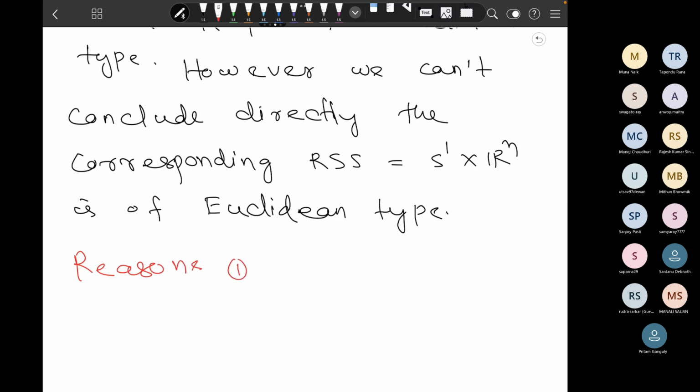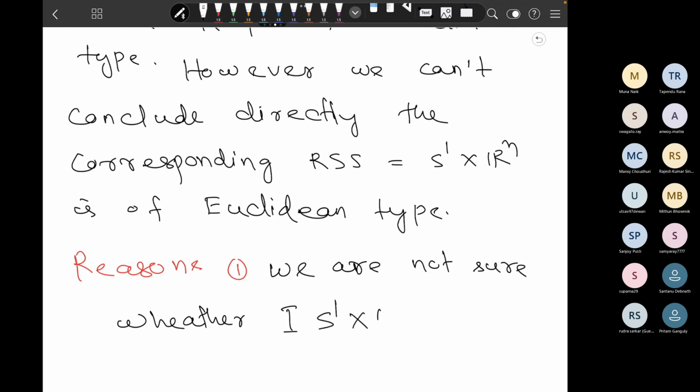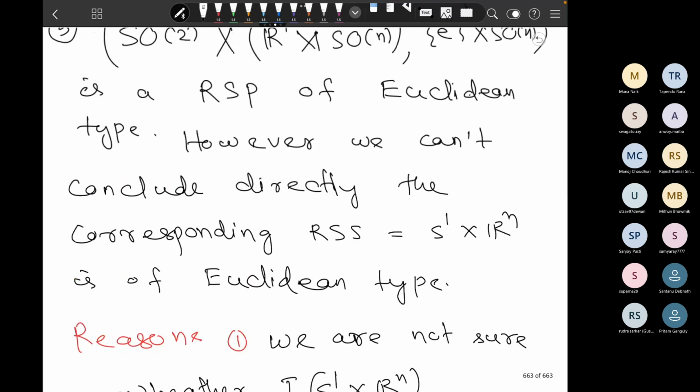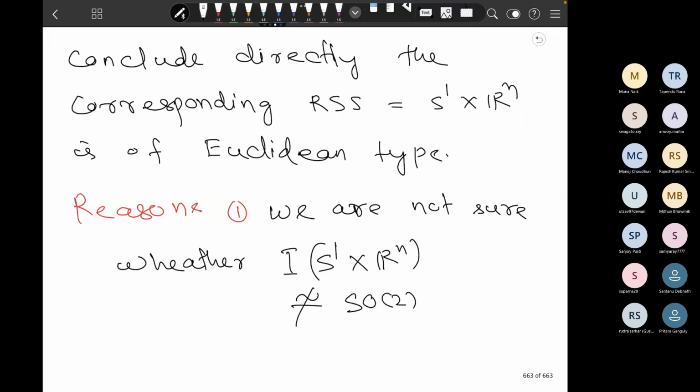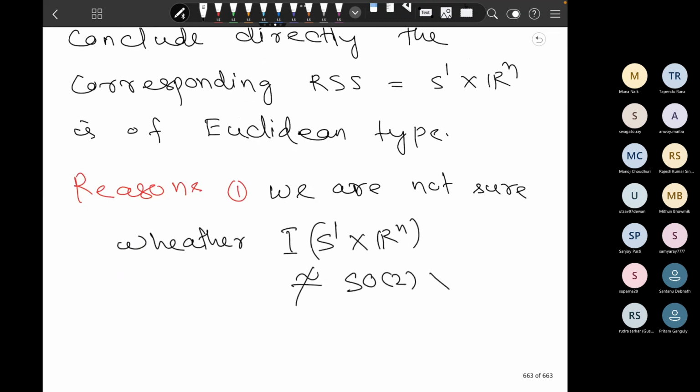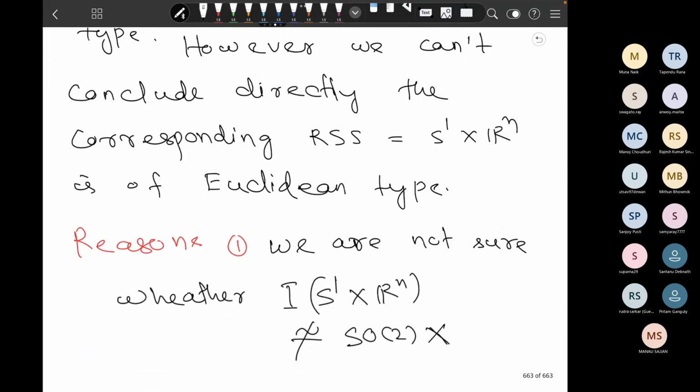First one, we are not sure whether I(S^1 cross R^n) is the same or not, and it is very unlikely that this result is true.